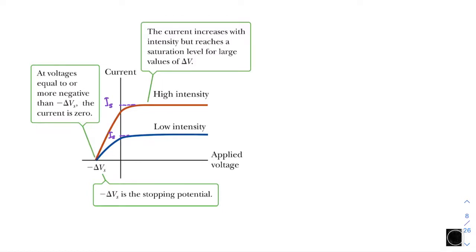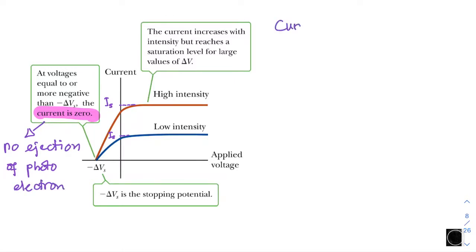It means no ejection of photoelectron. If you refer to this graph, the current detected is directly proportional to the intensity of the incident light.